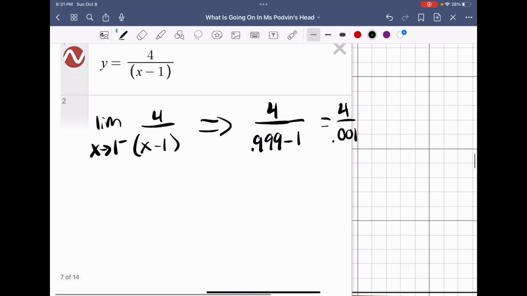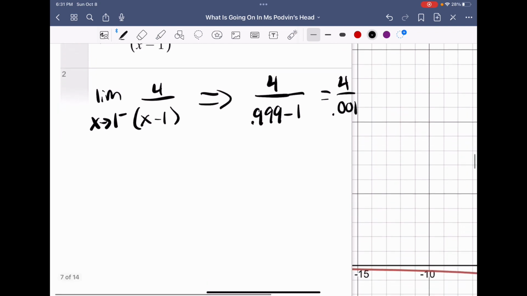And we need to remember that this is just an idea of what we're plugging in, because we can get infinitely close to 1 from the left. Instead of 0.999, we could have 0.999999999, and we keep adding 9s, and we're going to keep getting closer and closer to 1 without actually touching 1.